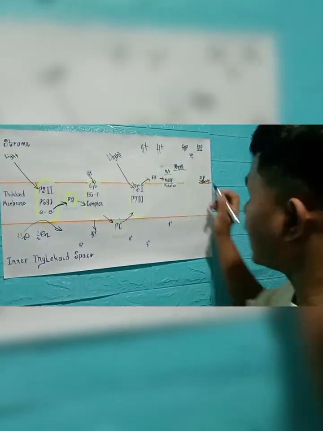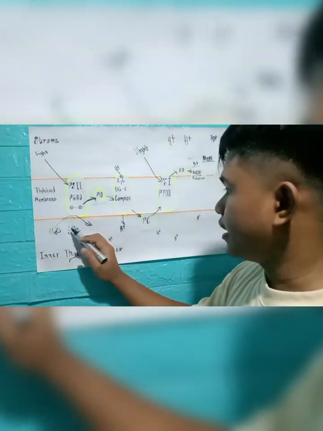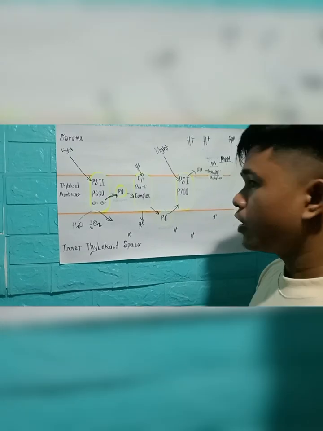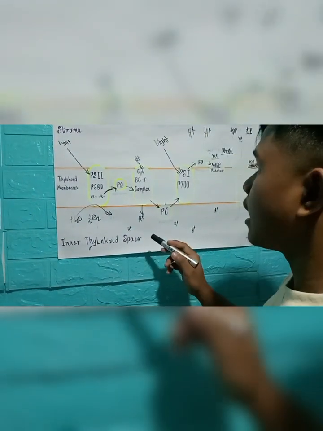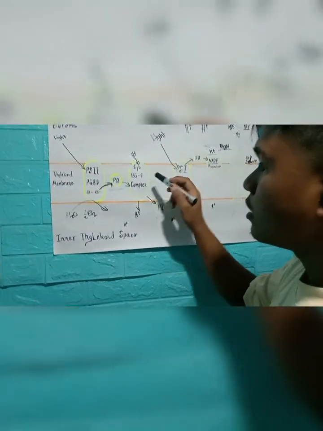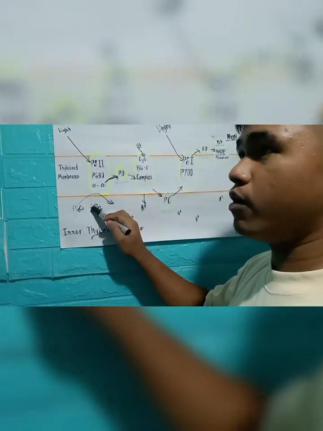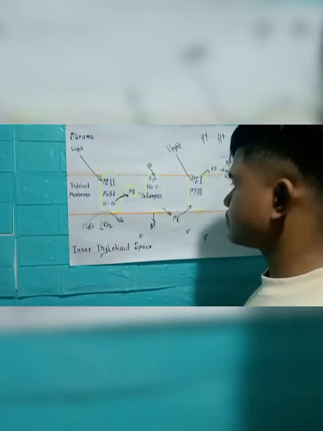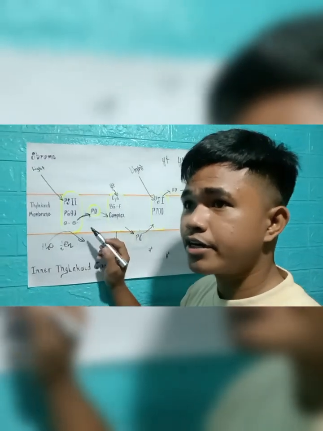As we can see, there are oxygen atoms in there. We need to repeat the cycle for the oxygen atoms to become oxygen gas.